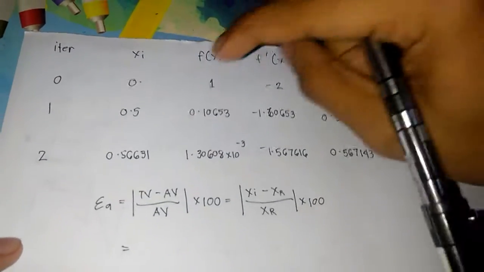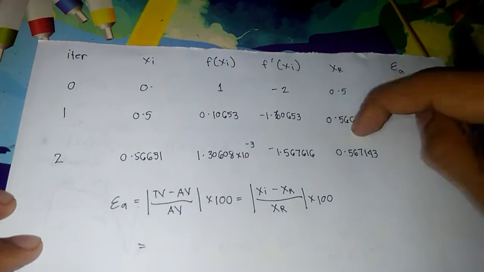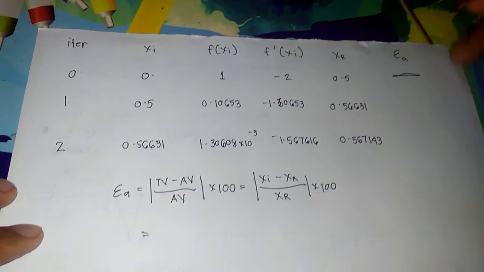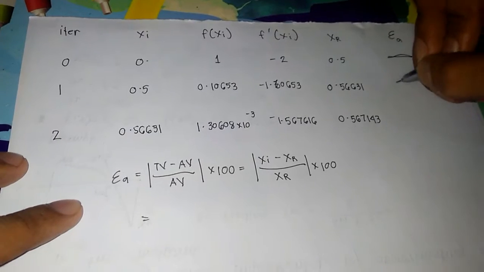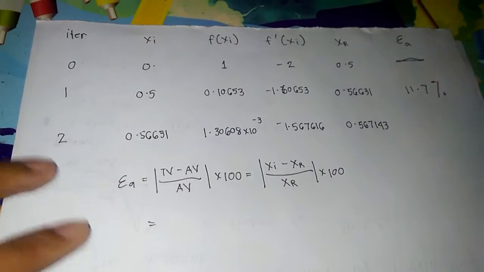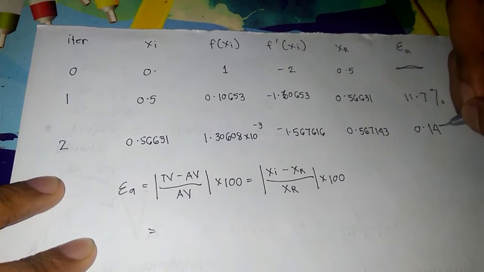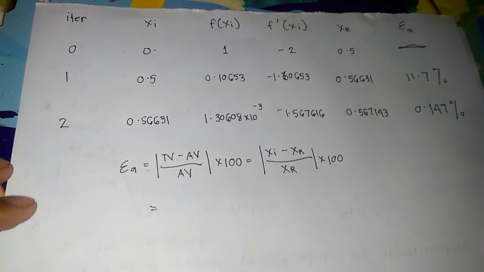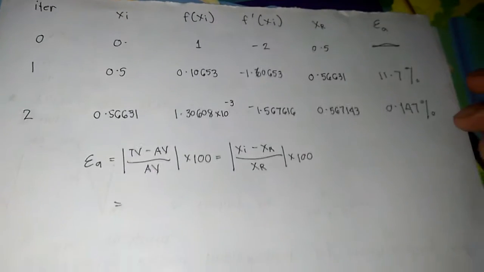So your 0.5 minus 0.56631 over 0.56631 times 100 would be equal to 11.7%. And for the next part it is 0.147%.